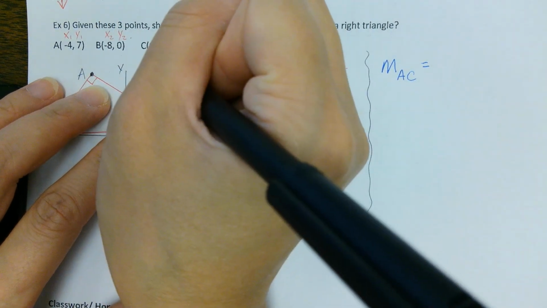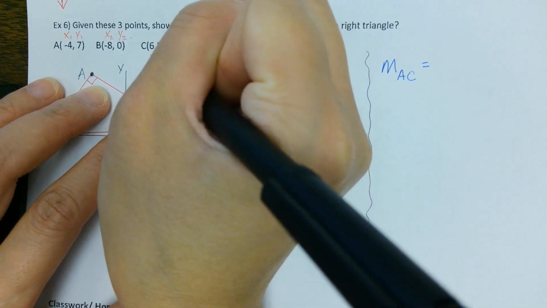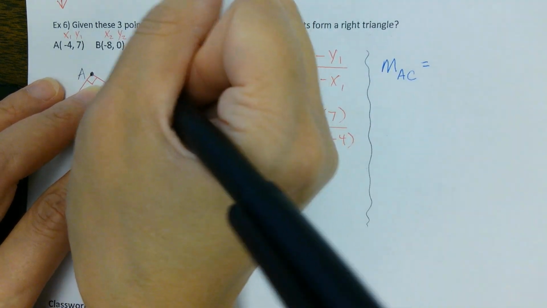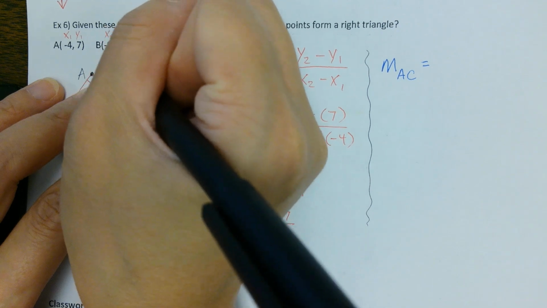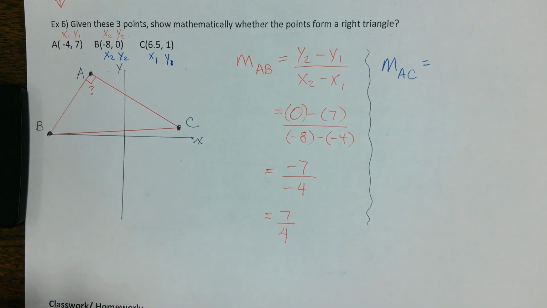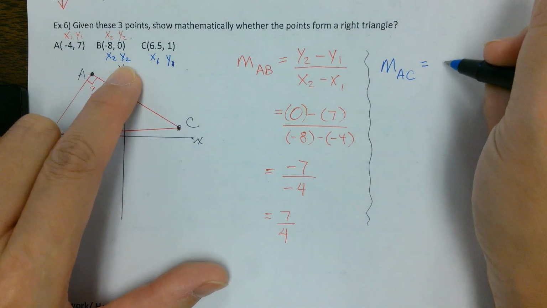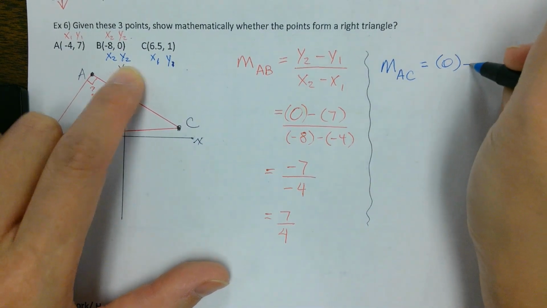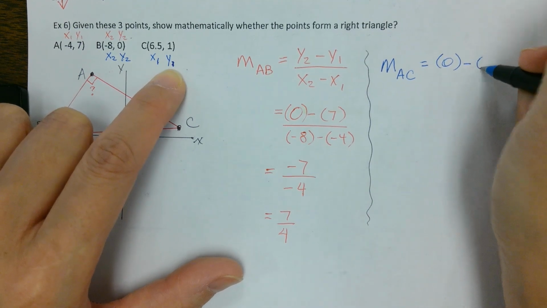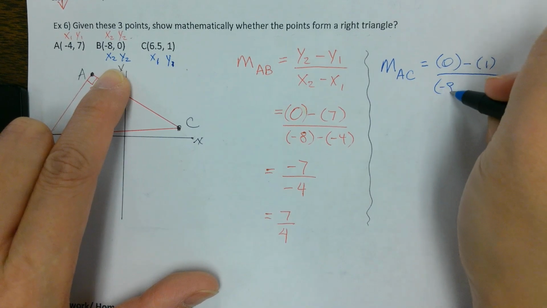Now I'm going to call this x1, y1, x2, y2. Remember, order doesn't matter as long as you're consistent. So y2 is 0, y1 is 1, x2 is negative 8.